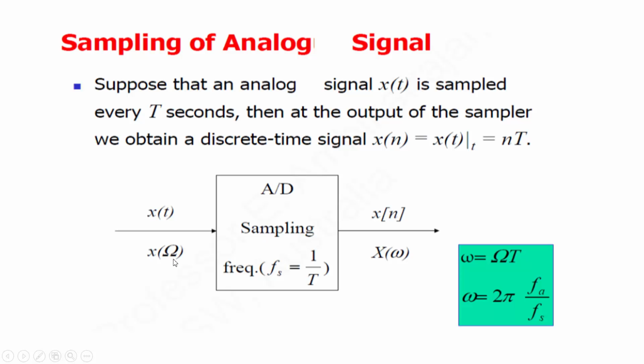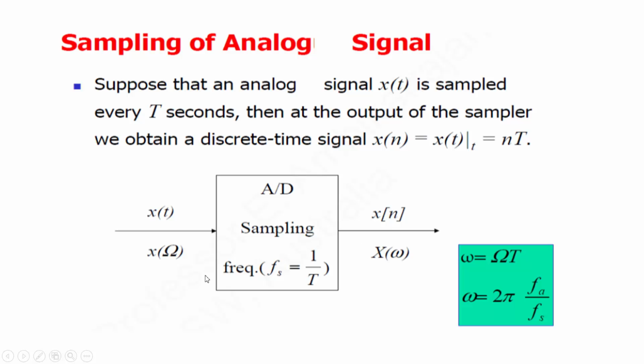This X of big omega actually gives the Fourier transform in the continuous domain. These will be very important points because we are directly entering into the real digital signal processing theory part. And this X of small omega is the Fourier transform of x(n).